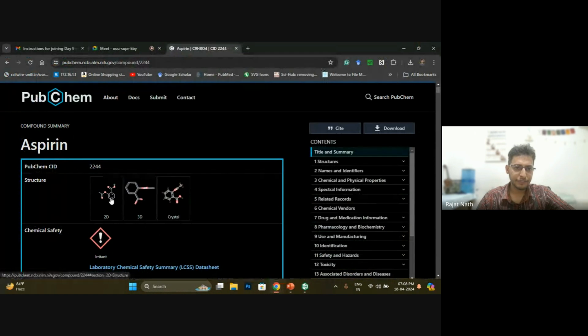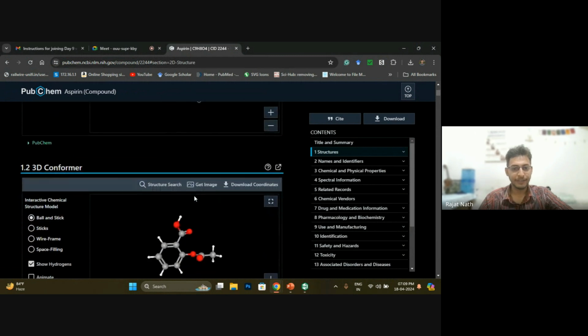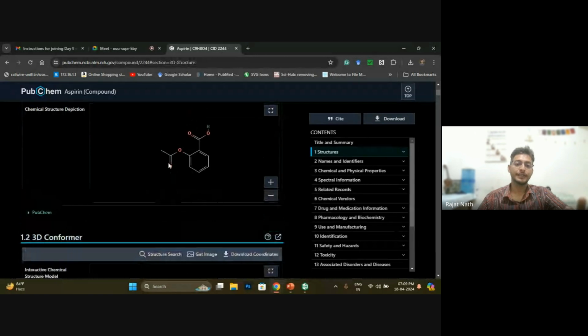Now this is the 2D structure of your compound of interest. Okay. So if your compound is not available in the database, what can you do? In that case, you will get your structure through NMR or crystallography, a predicted structure.